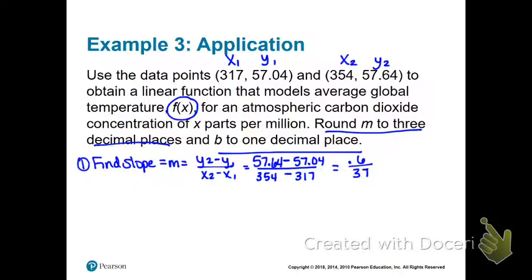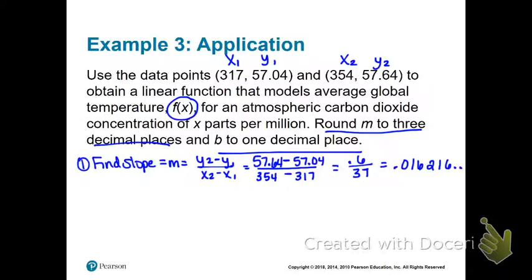And so we got 0.6 divided by 37. So I'm just going to do that in my calculator. It gave me 0.016216 blah blah blah, right?